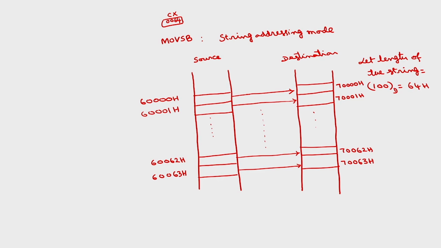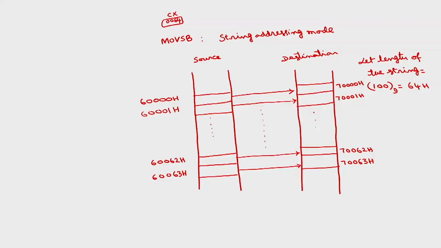Then we have to either set or clear the direction flag. So, you have to write either CLD, clear direction flag. This is an instruction I will discuss later, but it is a simple instruction. CL stands for clear direction flag, and STD stands for set direction flag.